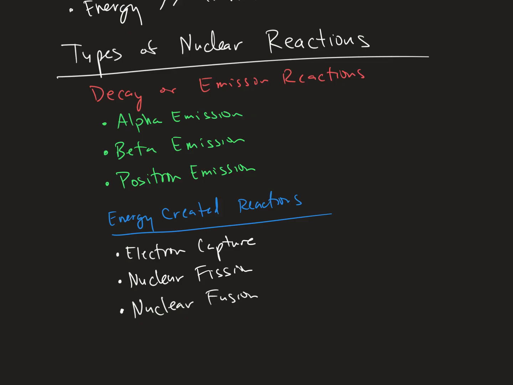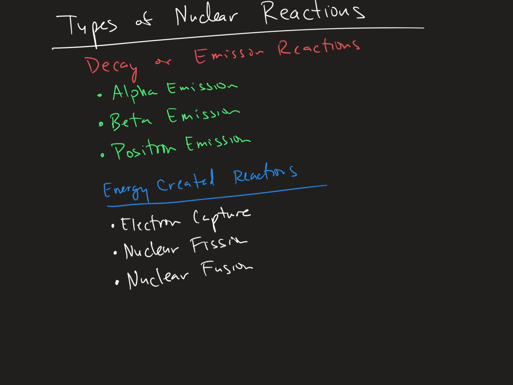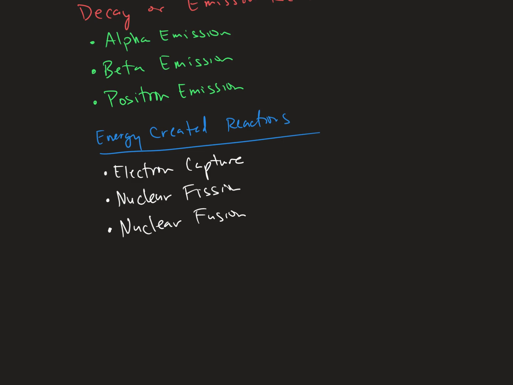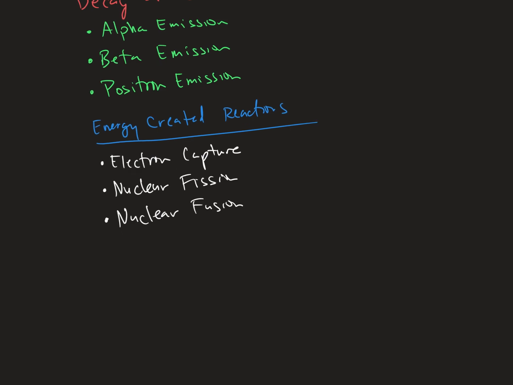But before we do, let's talk about the different particles. We just learned a new one, positron, and alpha, beta, those are different particles. I'm going to draw a table that describes these different particles. We have symbols for them, just like we learned the different symbols of an atom. We're going to do the same thing with nuclear reactions.